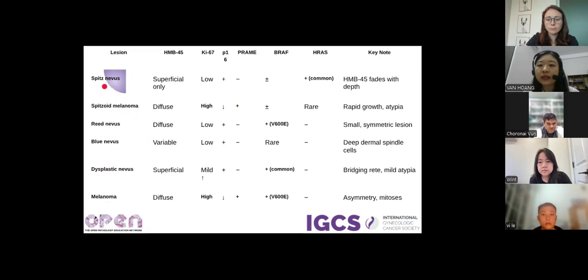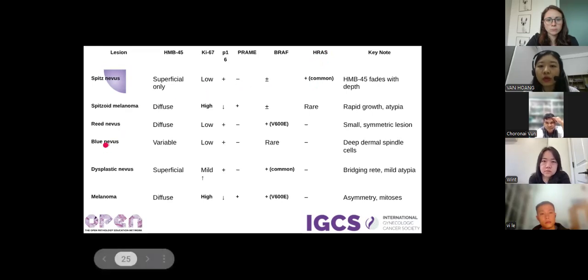In Spitz nevus, HMB45 stains only superficially and fades with depth. The Ki67 is low, and the HRAS mutation is common.